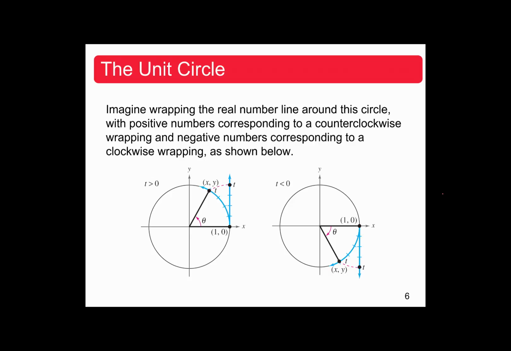So this is what we are saying. If you rotate the angle counterclockwise, in this case this is counterclockwise, meaning we're going to have a positive angle. Counterclockwise yields a positive angle.